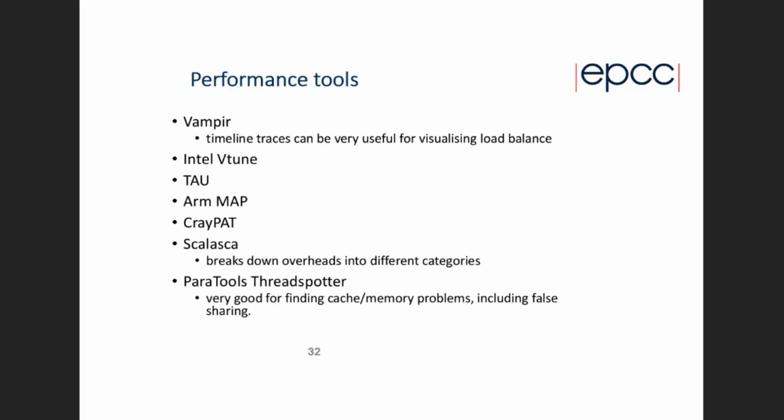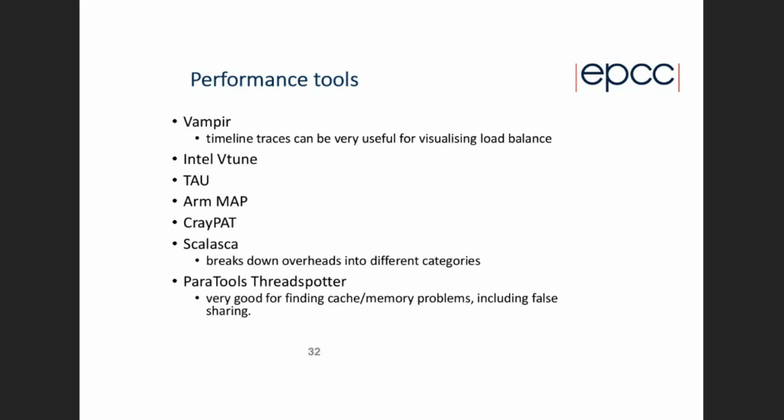Again, outside the context of ARCHER, one tool that is helpful is called ParaTools ThreadSpotter, which works in a very different way. It's not a traditional profiling tool. What it does is instrument your code, take a statistical sample of the memory accesses, dump that in a trace, and then do some post-analysis on the trace.